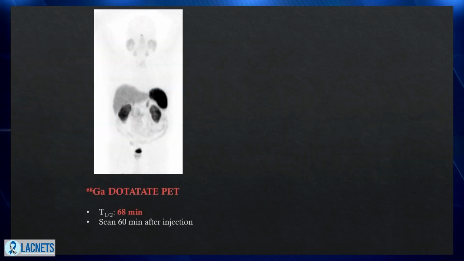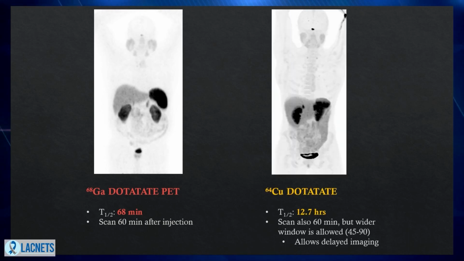So what are the differences between gallium and copper? The main difference is the half-life. The half-life is the time that the radionuclide needs to get to half of its radioactivity. And this time is 68 minutes for gallium, and it's 12.7 hours for copper.